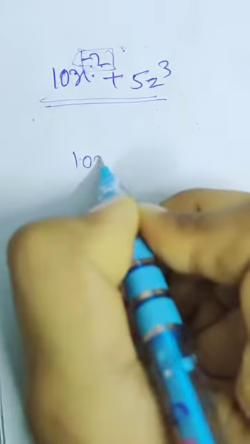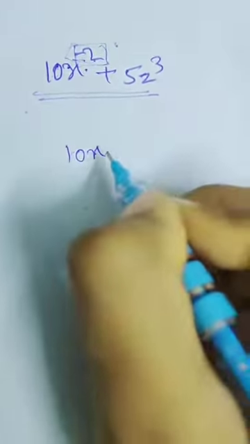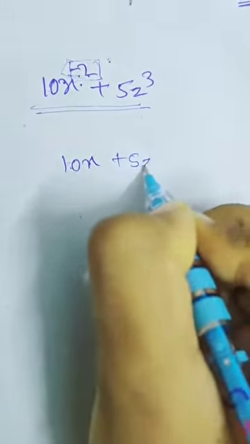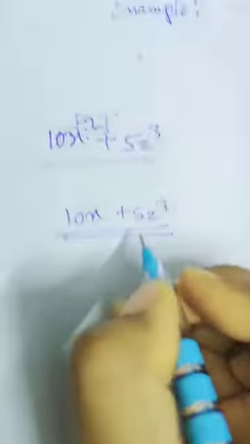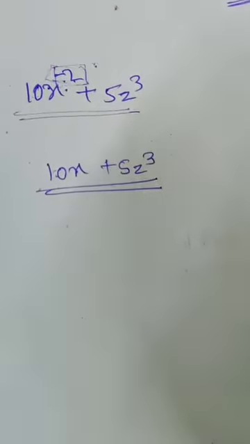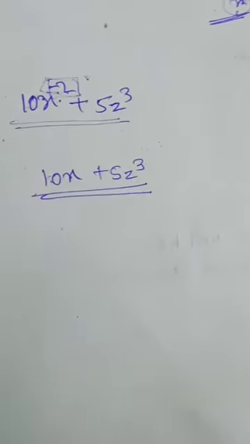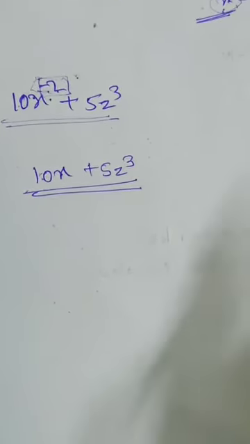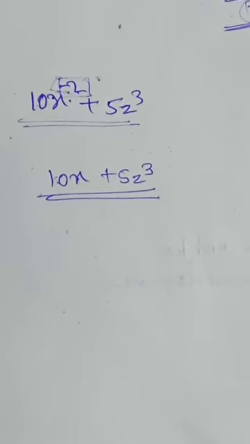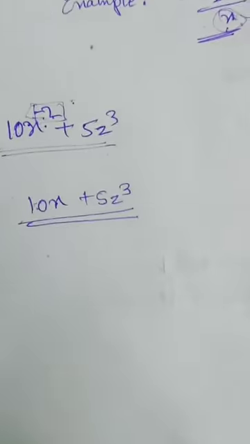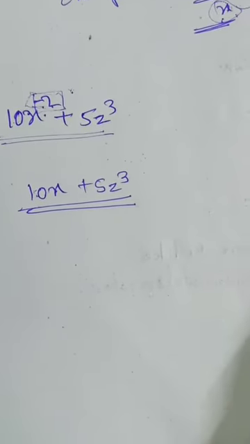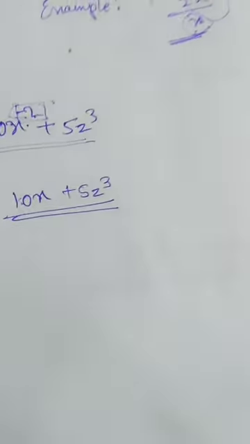So this is just an algebraic expression, whereas if I write the same thing without the negative power, with the whole number, 10x plus 5z cube, this is a polynomial and it is also an algebraic expression. So we came to know that all polynomials are algebraic expressions, but all algebraic expressions are not polynomials. Only some algebraic expressions having power as a whole number are polynomials.